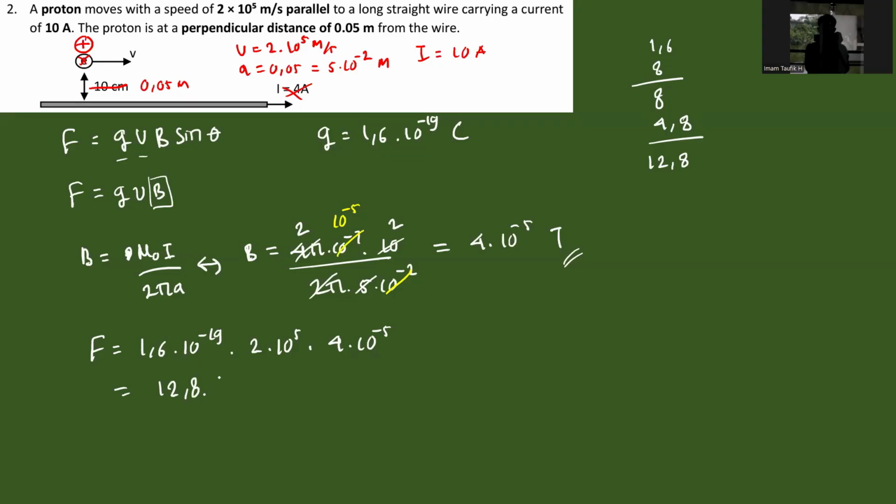The powers of 10 combine, so we have 12.8 times 10 power minus 9 Newton. So this is the force acting on the proton. Any questions? If you have, maybe you can ask me at school.